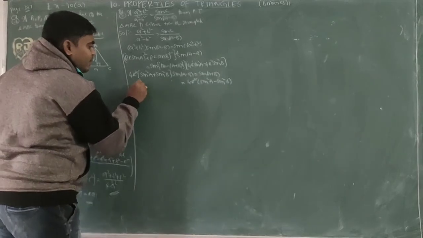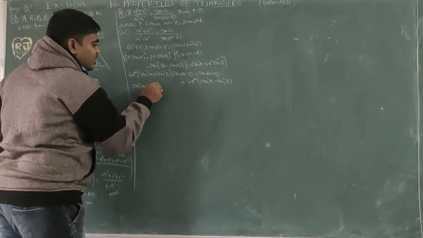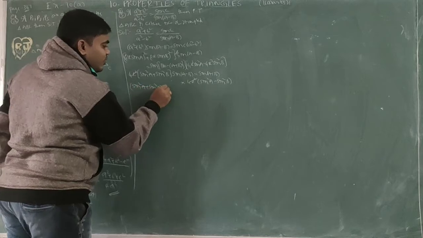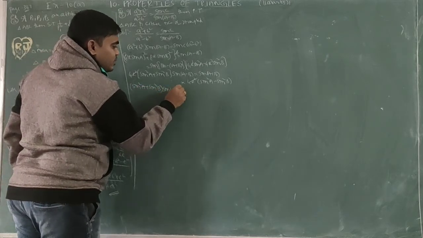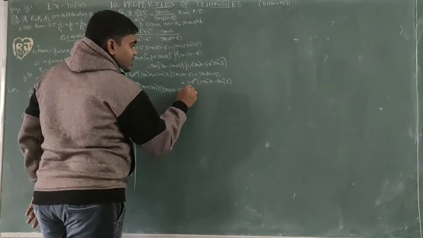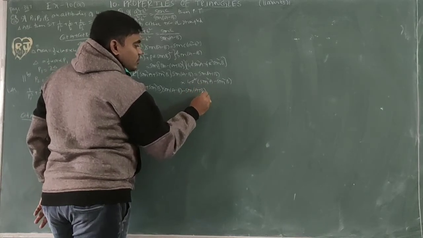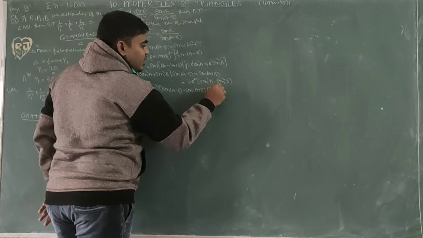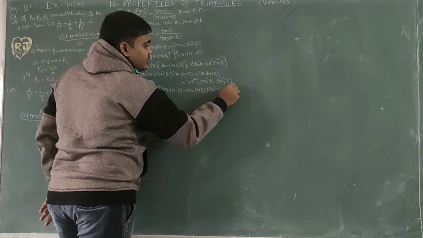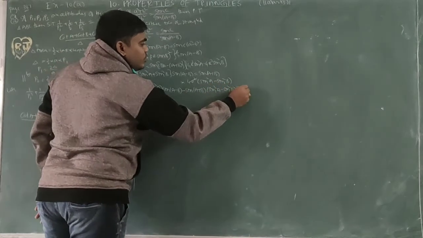sin²A + sin²B times sin(A − B) minus sin(A + B) times (sin²A − sin²B) equal to 0.